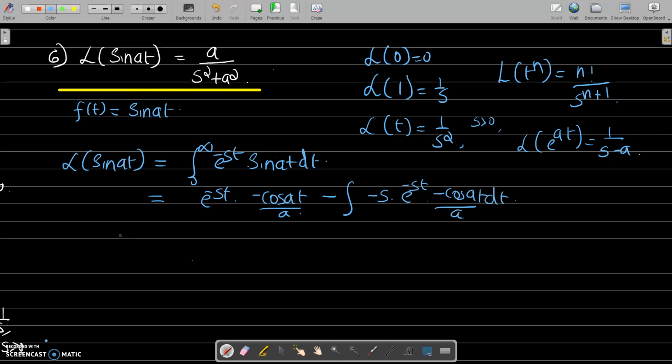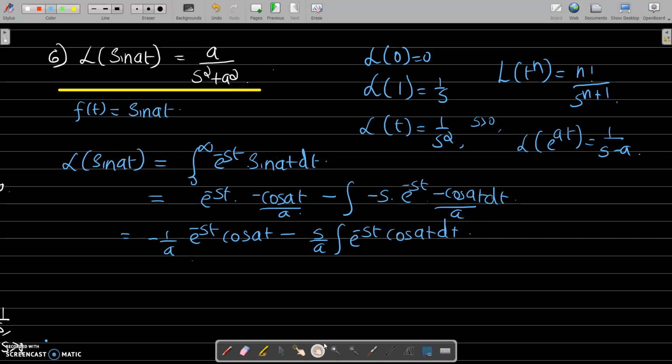Okay, so this is equal to negative 1 by a into e raised to minus st into cos at, minus, plus again negative. So this is s divided by a integral e raised to minus st into cos at dt.